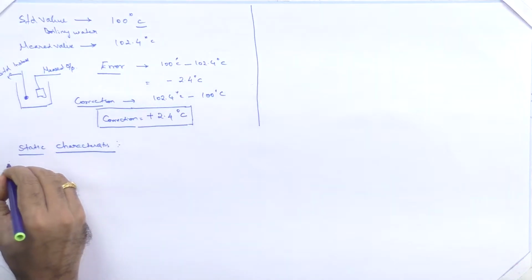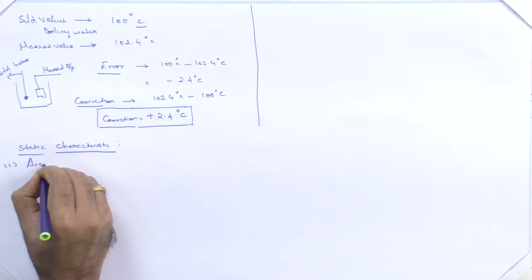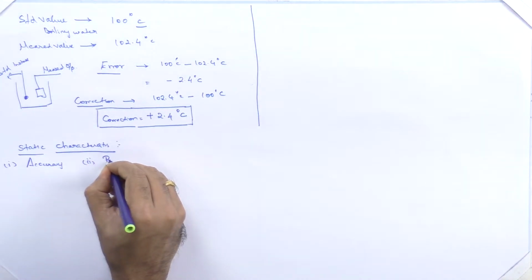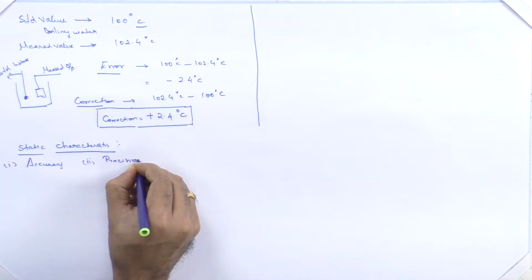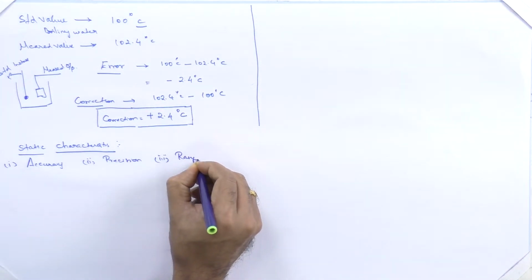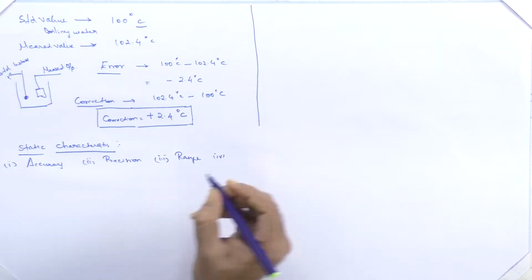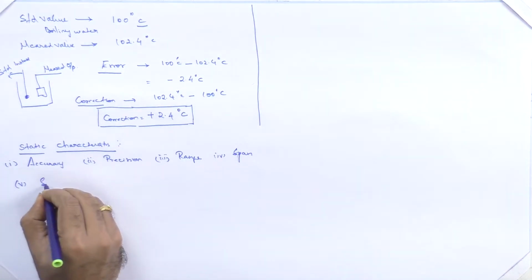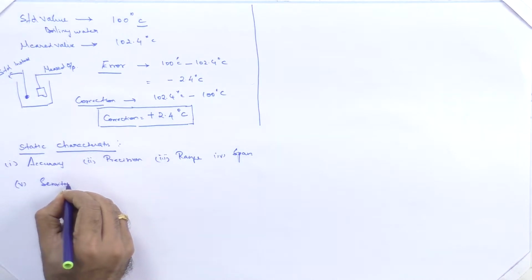The first one is accuracy. The second one is the most important, precision. The third one is range. The fourth one is span. Fifth one is sensitivity.